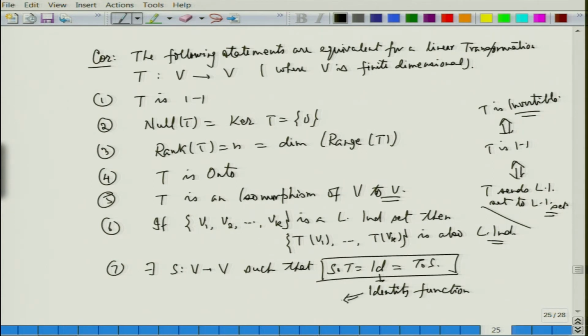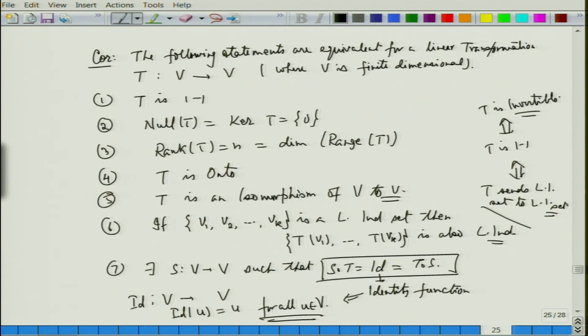So, identity function from V to V is identity of u is u itself for all u belonging to V, all right, fine.